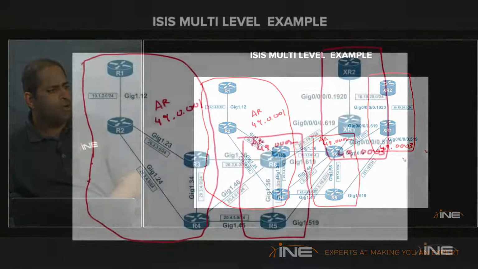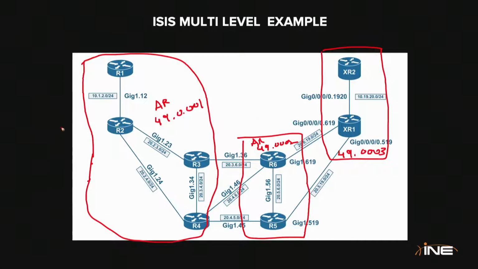Also, to show you where we have multi-areas, I'm going to convert this router to be just an L1. I will make R2 into just an L1 router. I'll keep R3 as level 1, level 2. I'll keep router 4 as level 1, level 2. R6 would be converted just to level 2.